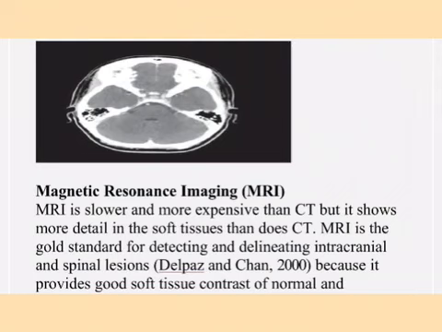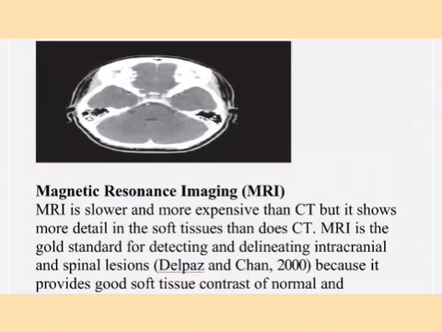Now let me talk about magnetic resonance imaging. Magnetic resonance imaging, MRI, is slower and more expensive than CT, but it shows more details as far as the soft tissues are concerned. So it offers more details than you have with CT.